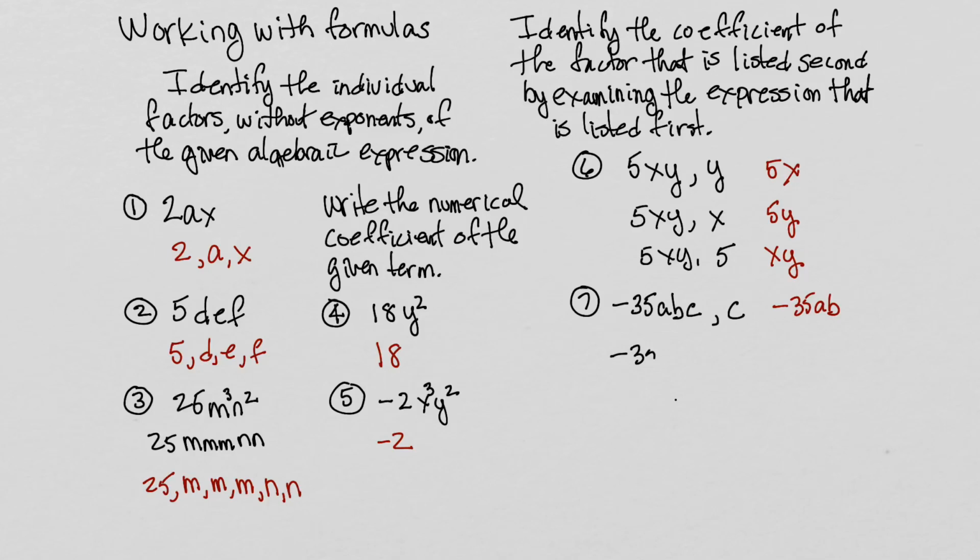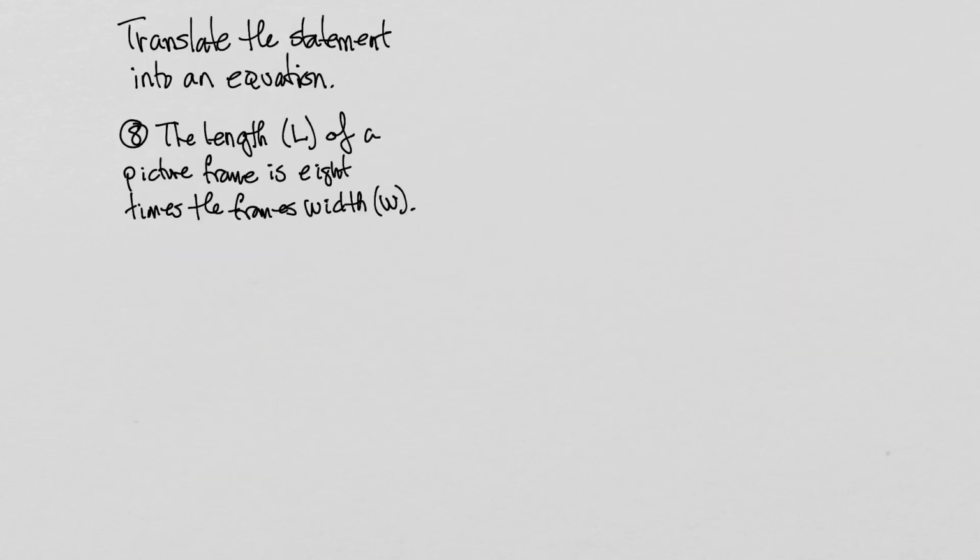How about if we have -35abc, and this time we ask for the coefficient of ab. So now we just identify the ab, and we ask ourselves, what's multiplying the ab? Well, whatever's left over, the -35 and the c. So the coefficient of ab is going to be -35c.